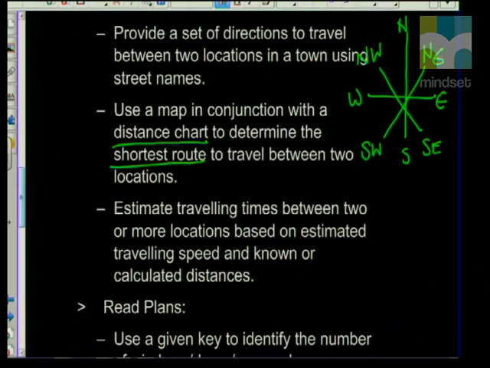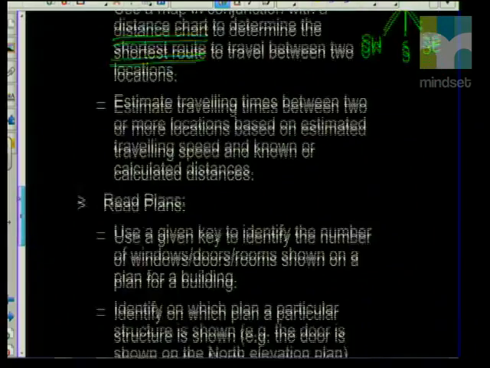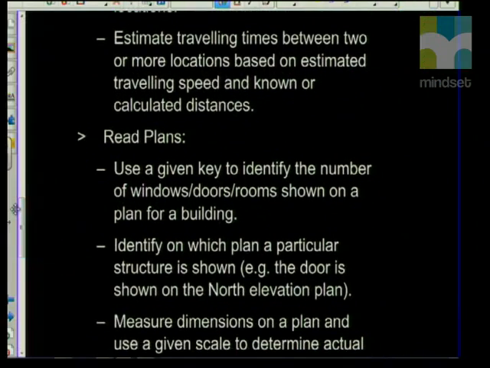So there might be one or two different ways of getting somewhere, but in order to get from one place to the next by the closest or shortest distance, you would need to be able to determine that from those distance charts. Some of this sounds a bit like gobbledygook, but I'm sure once you look at some of the examples, you'll realize that it's not such a bad topic after all.